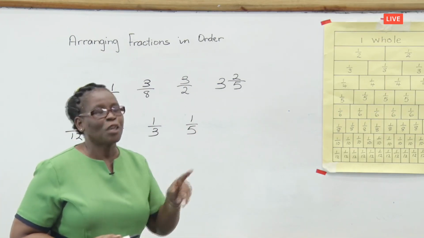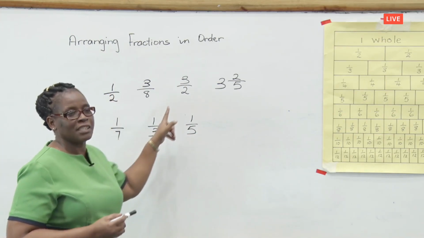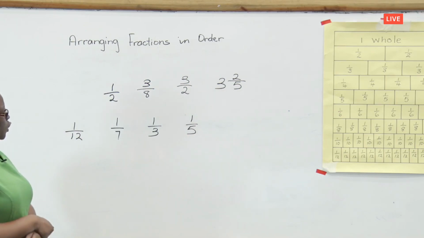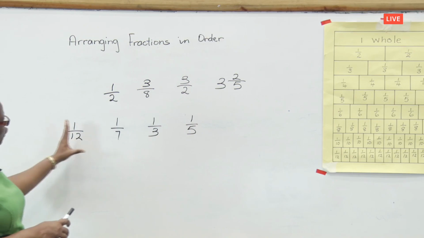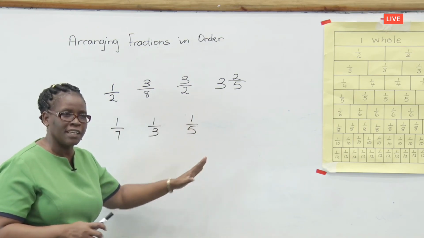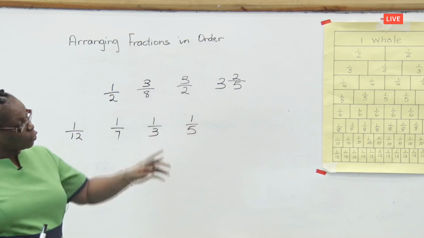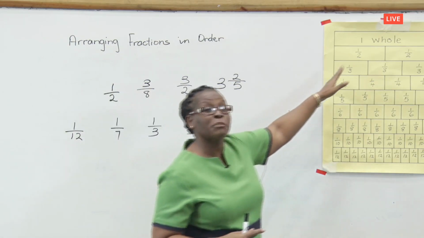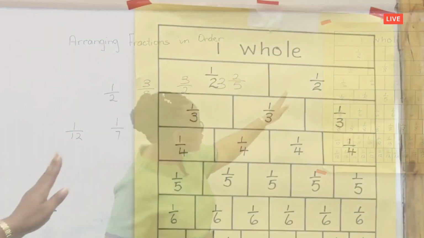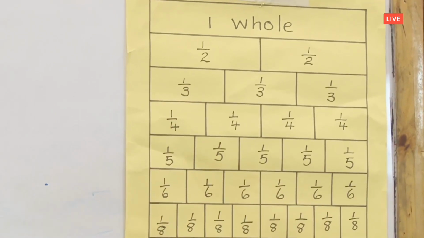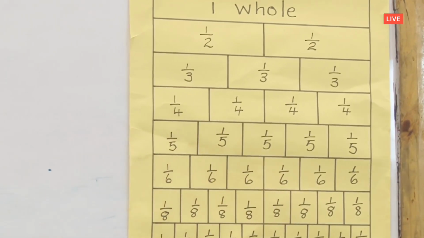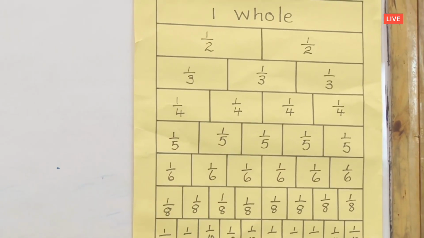Unit fraction. Why? Because the numerator is 1. So let's look at our fractions. We want to know which of these fractions is the biggest. Now you can use your fraction chart to help you.